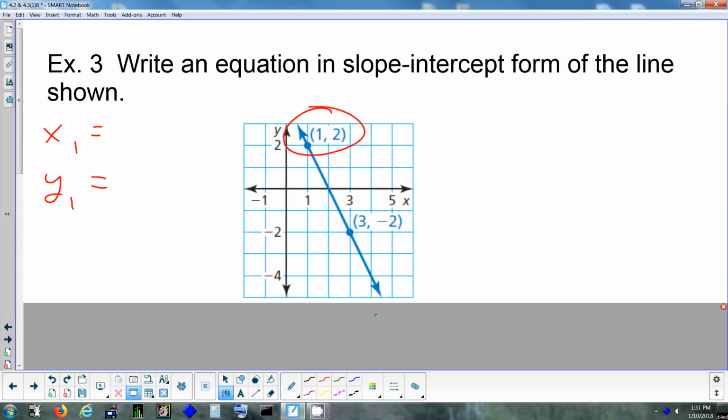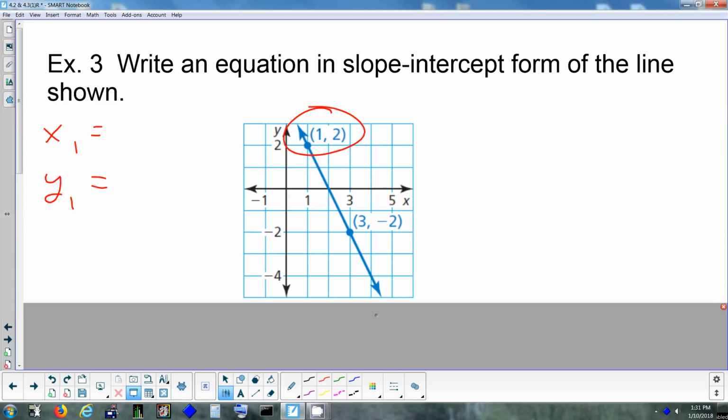What is the 1? Somebody tell me. What step would be right after that? The 1 is which value?